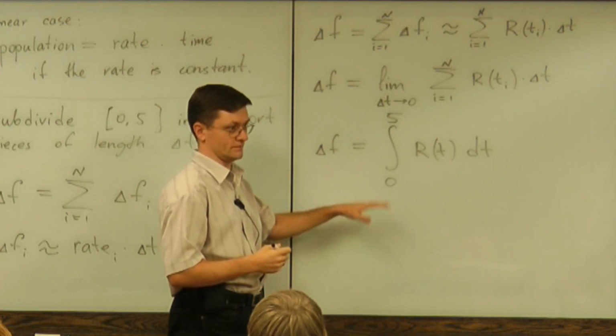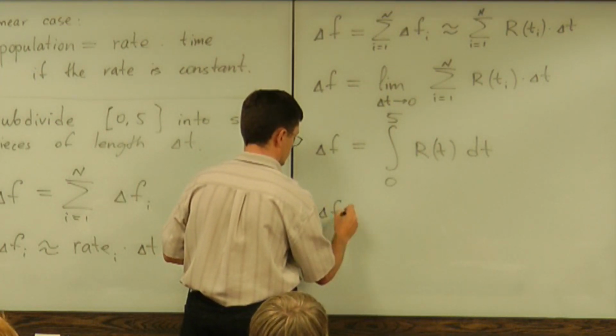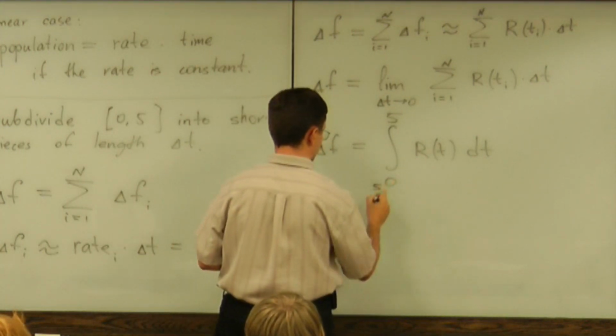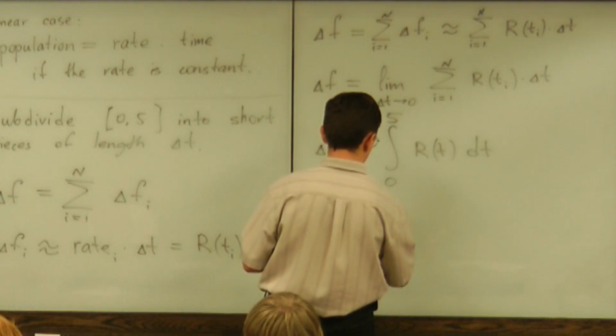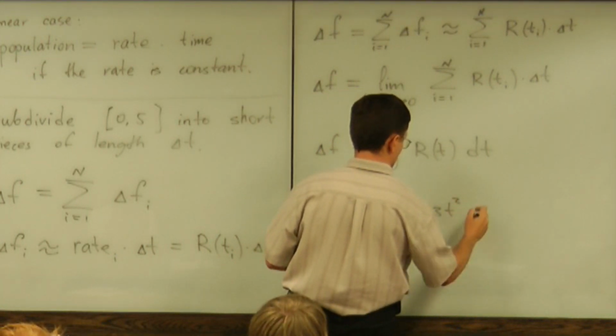And the rest is easy. The rest is saying that now we just have to compute the integral from 0 to 5 of that function 6t plus 0.3t squared.